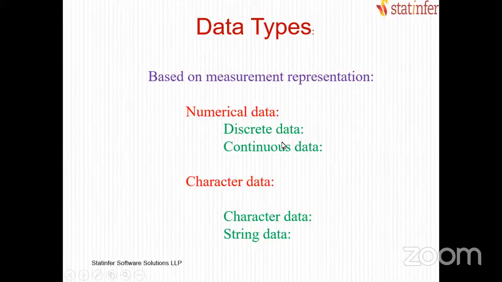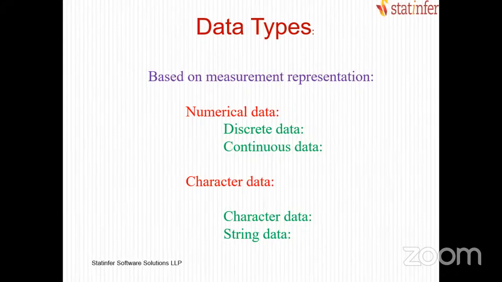Okay. If you can count anything, that comes under the discrete type of data. If you cannot count anything, that comes under the continuous data. Suppose for discrete example, the number of persons in this class, 37 or 47 or 57, that will be the count.